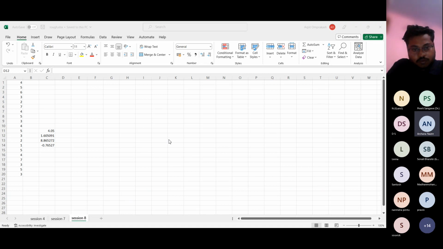Okay. In the data given, there is temperature and yield. I have considered temperature as X, yield as Y. So Y minus Y bar, I have done. Y minus Y bar whole square also I have done.